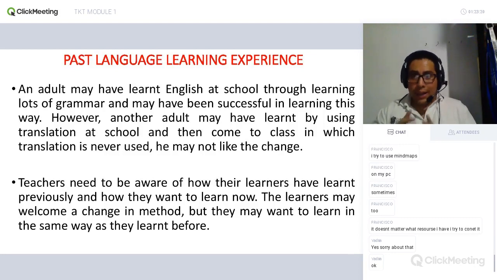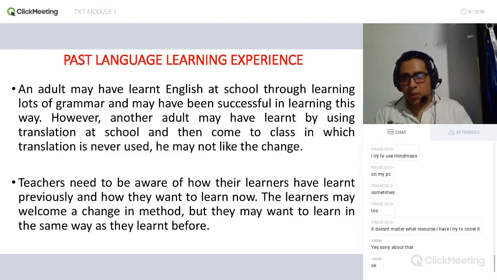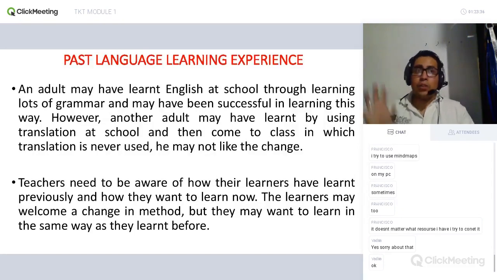So whenever you have an adult class, you need to ask them in the very first class, okay, what do you want? What do you expect to learn in this course? So that they can start thinking and saying, okay, I want to learn vocabulary, but it's difficult for me.